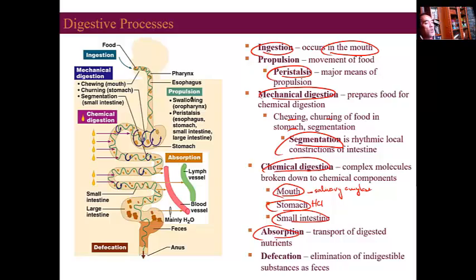Okay? And then when all food passes through the large intestine, those are waste materials, but sometimes water is generally absorbed in your large intestine. And then from there, it's going to go into the rectum.